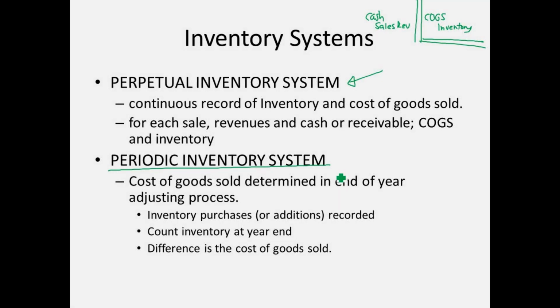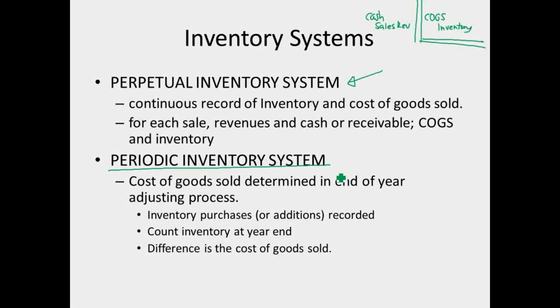Okay, so what you do instead is you sort of say, okay, we have 20,000 tubes of toothpaste that we're selling. Over the entire course of the year, we sold 18,000 of them. We have 2,000 left, and we just figure out how much the cost of goods sold are.